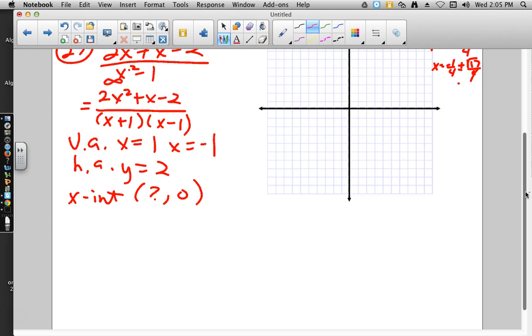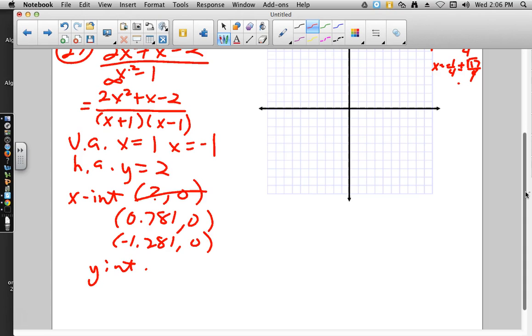And that gives us 0.7810. Remember, we're just trying to find that number that's going to work. Negative 1.2810.